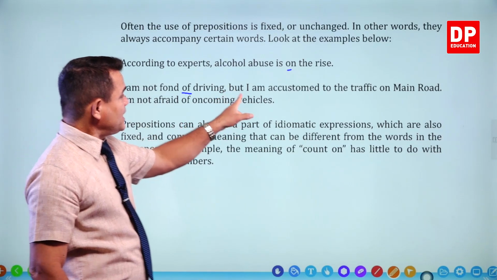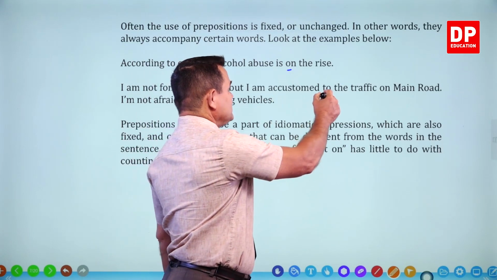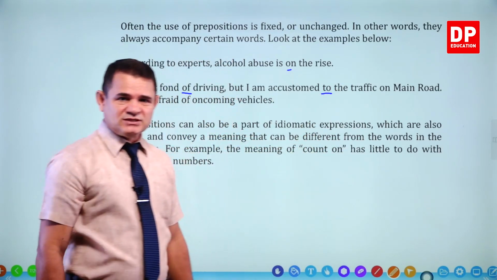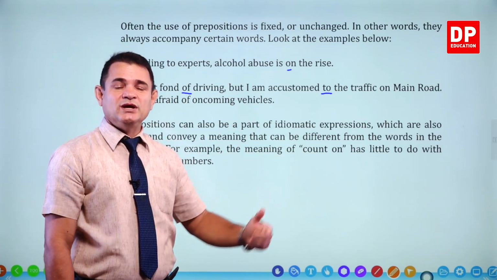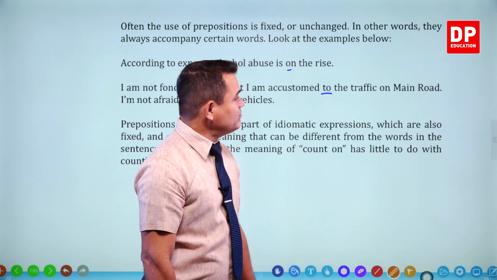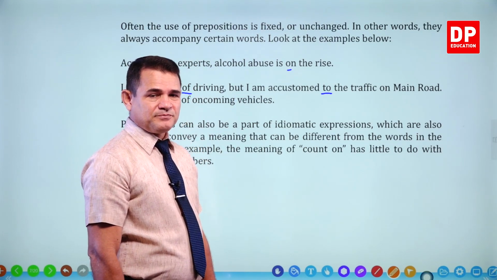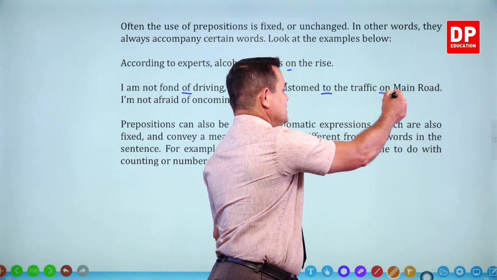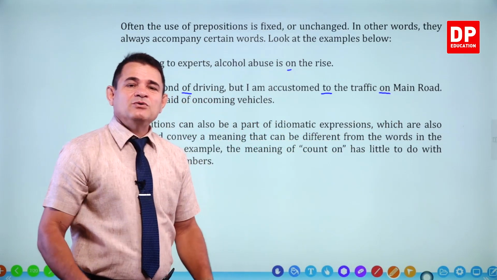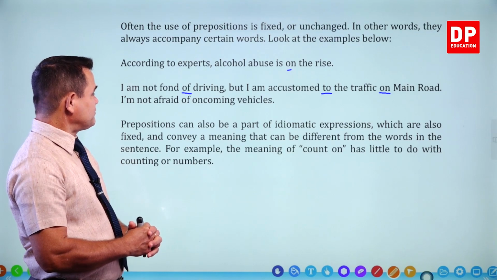But I am accustomed to. Accustomed කියන වචනෙත් එක්ක අනිවාර්යයෙන්ම එන preposition එකක් තියෙනවා. Accustomed to. ඒ කියන්නේ හුරු වෙලා තියෙනවා. The traffic on main road. ප්‍රධාන මාර්ගයේ තියෙන traffic වලට මං හුරු වෙලා තියෙනවා. I am not afraid of.